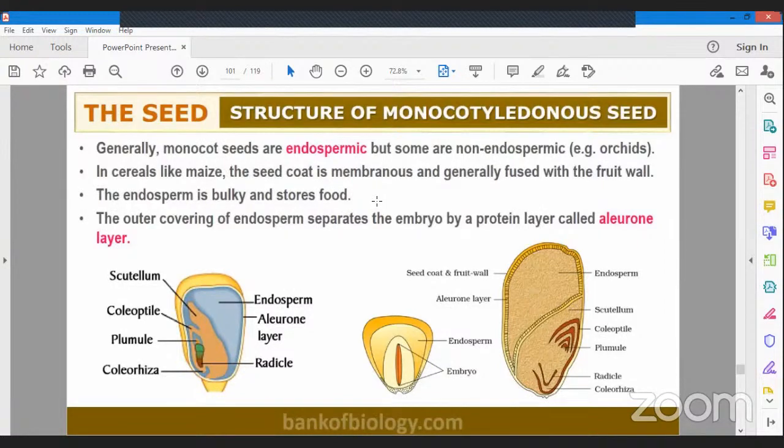Wheat, rice, jowar, maize, all these are endospermic. So the endosperm is bulky and it will store food. The outer covering of the endosperm separates the embryo by a protein layer called aleurone layer.